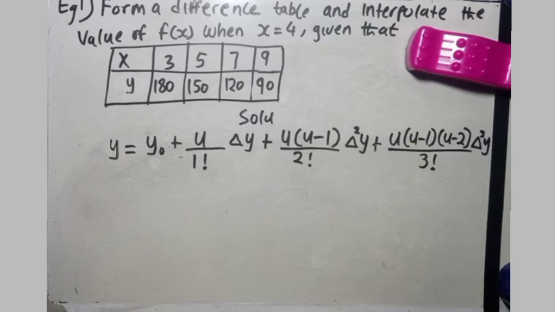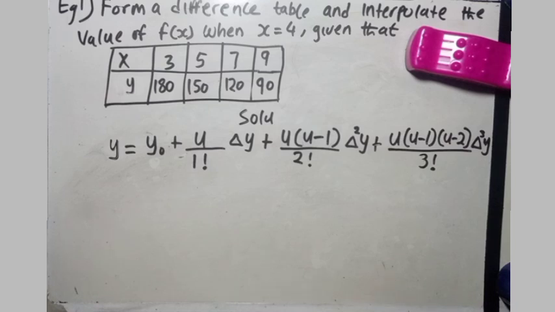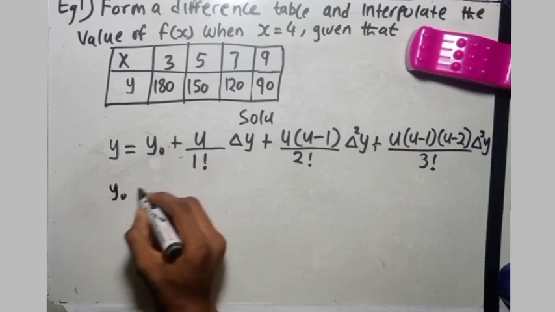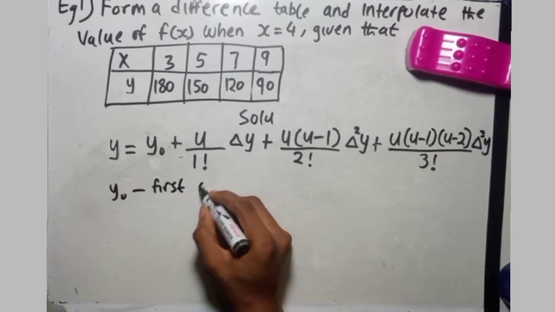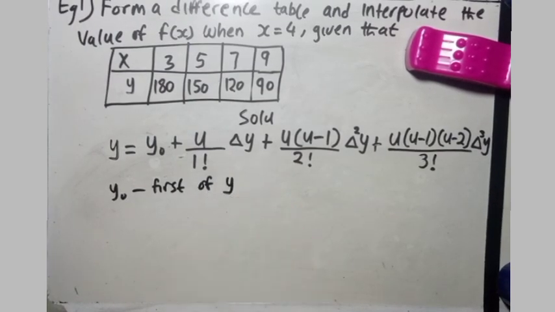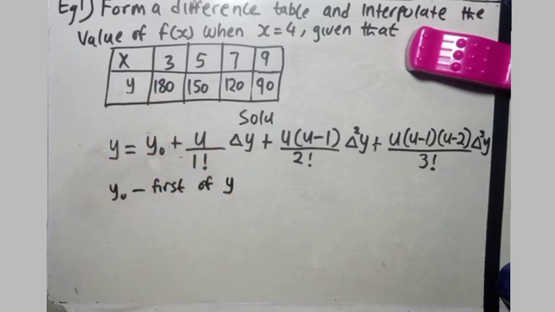So since we have gotten our value, let us make more emphasis on what u and what change in y is. Now we know that the y here, this y0, is our first value of y. First value of y in this case, which is what? 180.